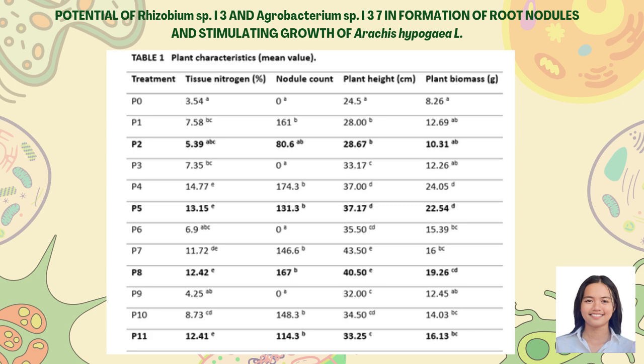Overall, treatments with carriers, especially the P5 and 8, give the best growth and nodulation, showing that suitable carrier materials enhance Agrobacterium performance. This study concluded that Agrobacterium sp. bacteria can be used as an alternative to Rhizobium, since they are closely related because they belong to the same taxonomic family, the Rhizobiaceae, and they also have similar DNA sequences.